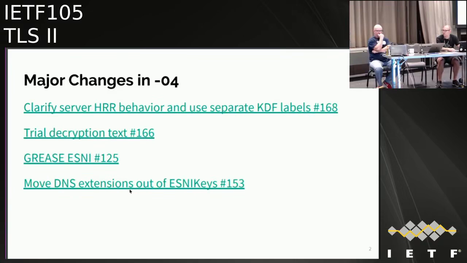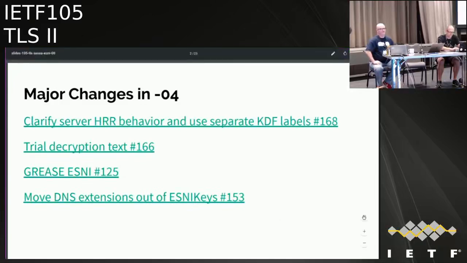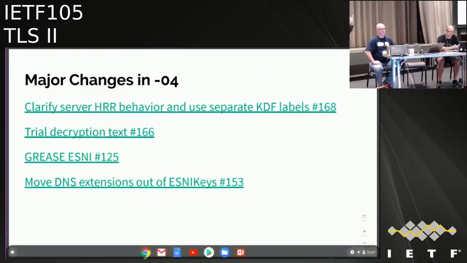We improved some text regarding trial decryption for certain cases where you want to omit the record digest from the ClientHello ESNI extension for various use cases. We landed the GREASE ESNI patch, although David Benjamin raised an issue yesterday indicating that it's not yet perfect, so there's still a little more work to be done there.